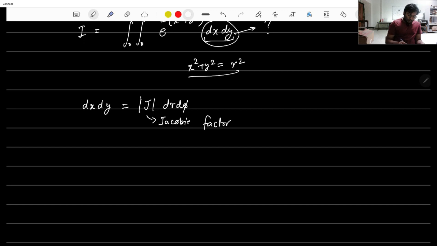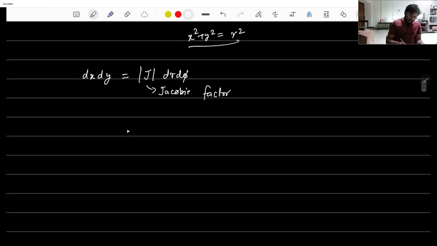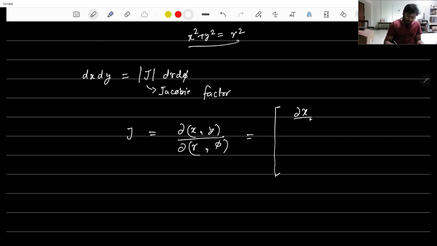So we have to evaluate this J. How will you do that? This J is actually a matrix, the derivative of (x, y) with respect to (r, phi). This matrix looks like dx by dr, dx by d phi, dy by dr, dy by d phi.